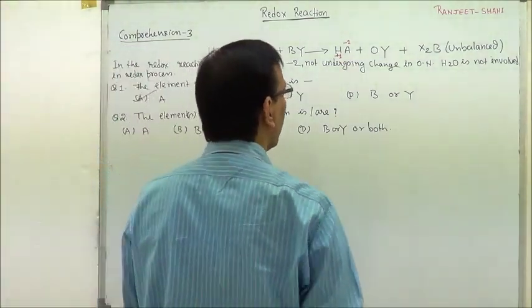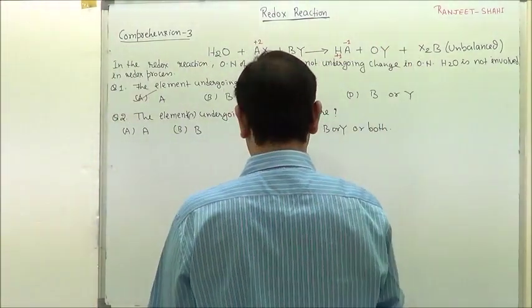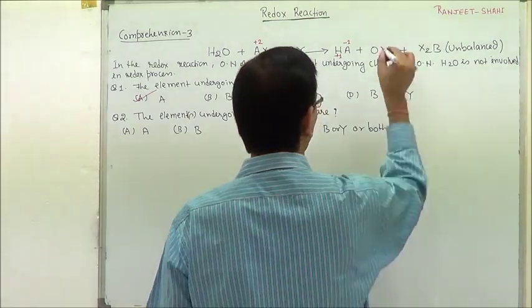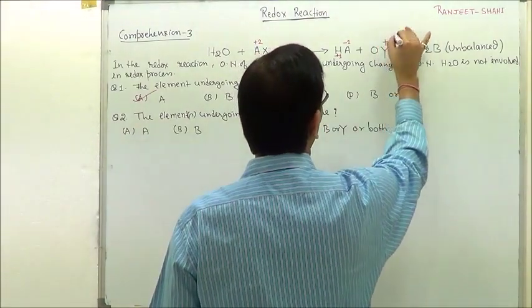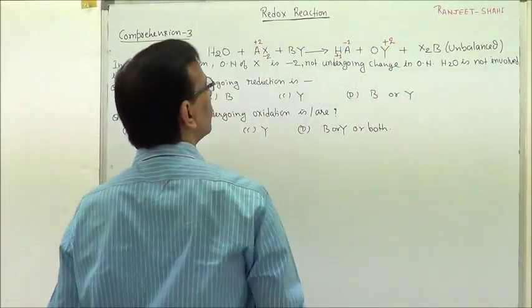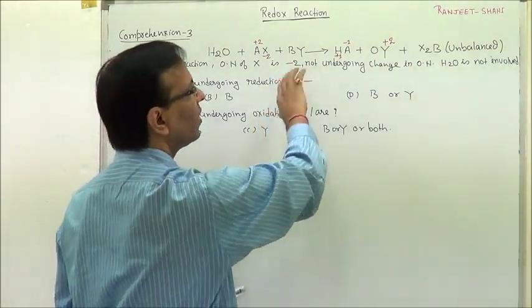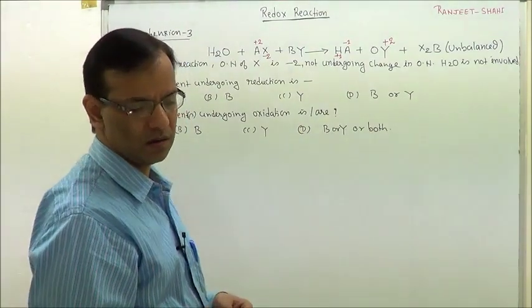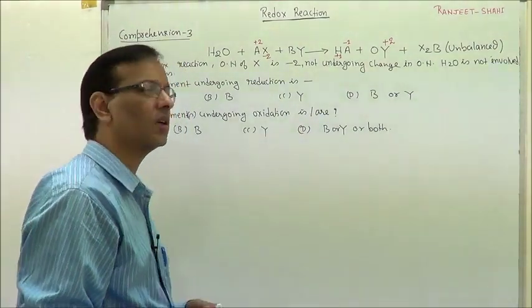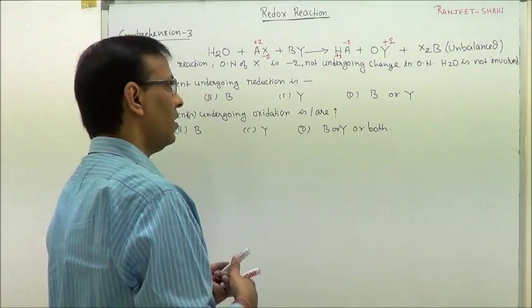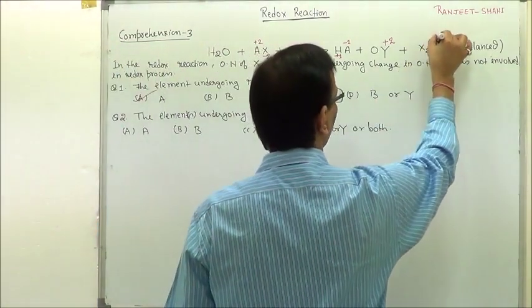On the right side, Y is fixed and it is plus 2, since O is minus 2. X is minus 2 and it is not undergoing change. So on the right side we have 2x minus 4, so B is plus 4.